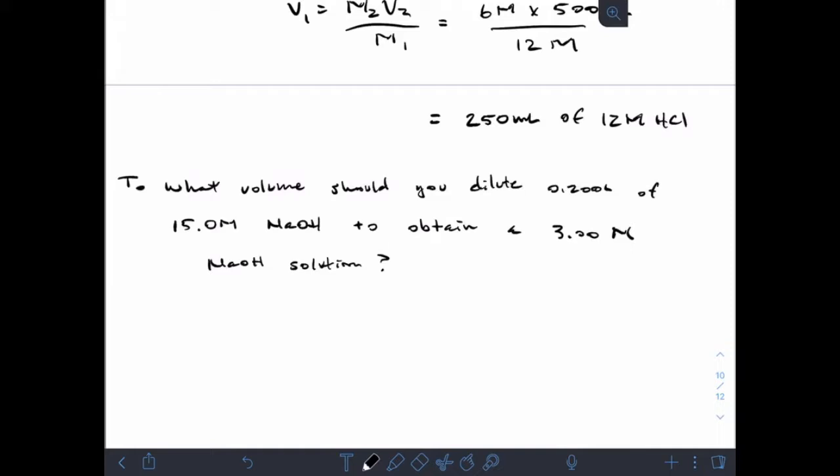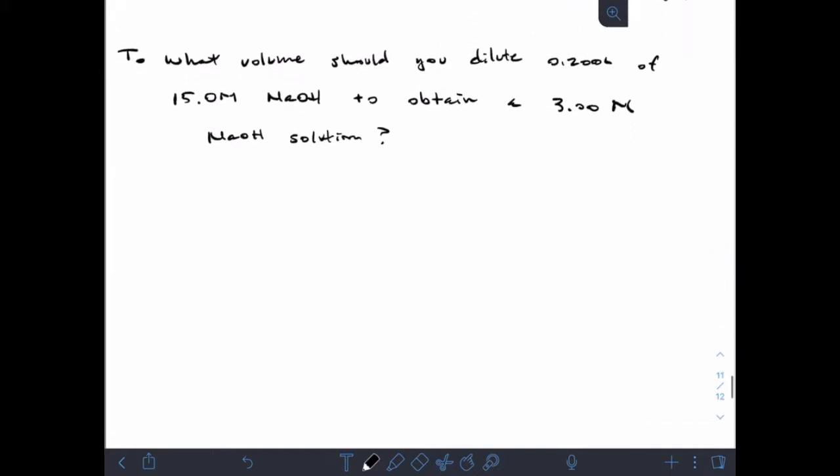But anyways, let's come back to our dilution problem here. So what volume should we dilute to take 0.2 liters of 15 molar sodium hydroxide in order to get a 3 molar solution?